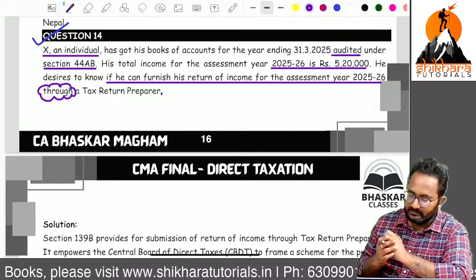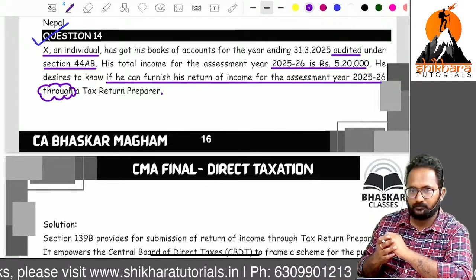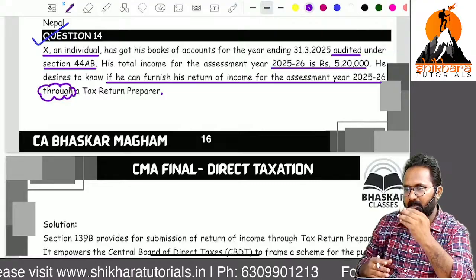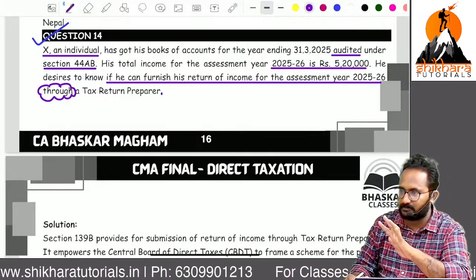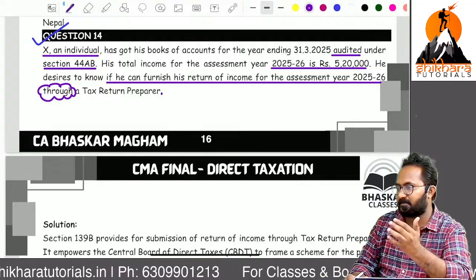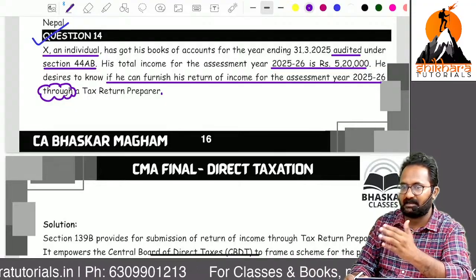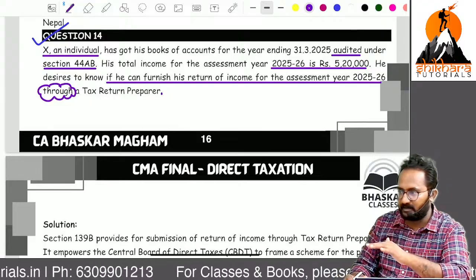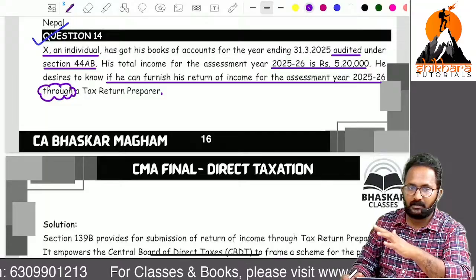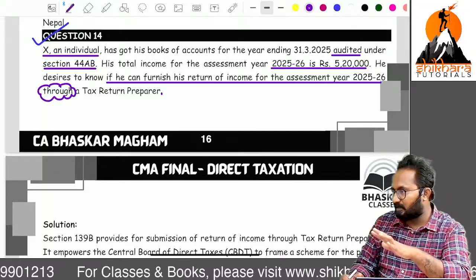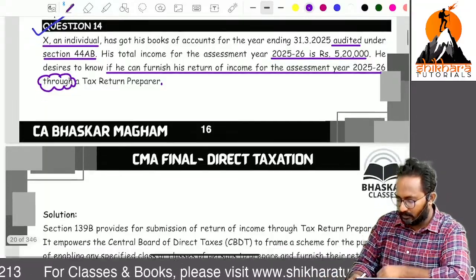So now your answer, yes or no? No. A tax return preparer can give services only to the specified classes of person. Specified class of person means any person other than tax audit assessees or company assessees. Here our assessee is a tax audit assessee, so that's why he can't take these services of TRP.